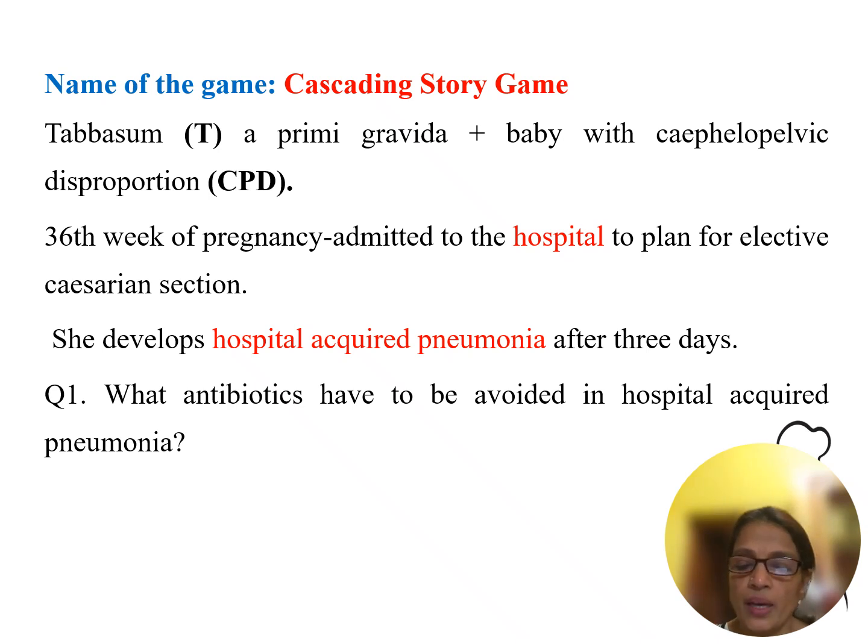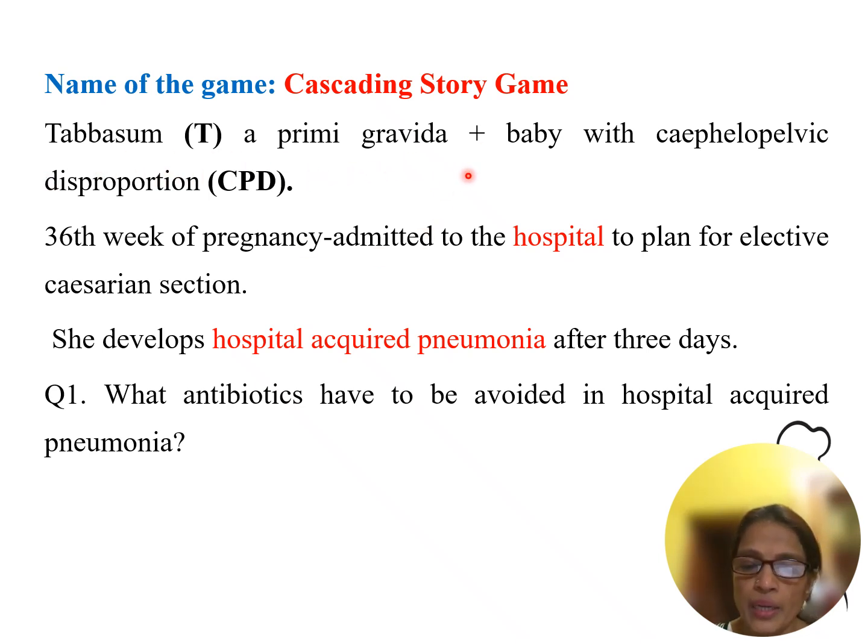Now we have a cascading story game. Here, this story is devised to bring awareness on what antibiotics do not work in the respiratory tract, and also what antibiotics should not be used in pregnancy. So for this, I have a story.